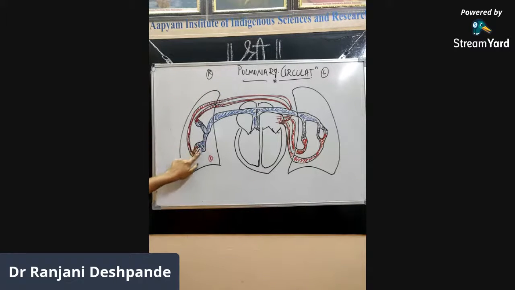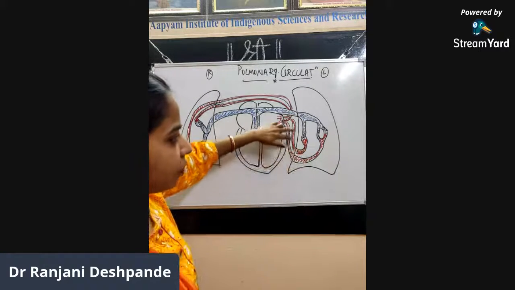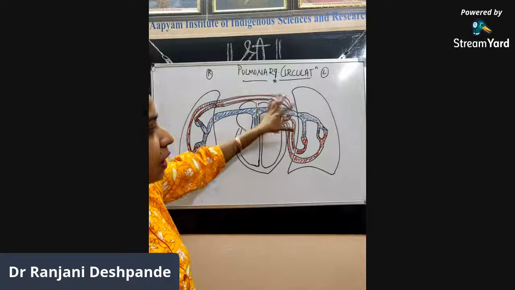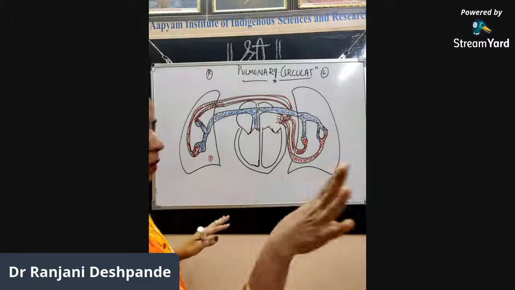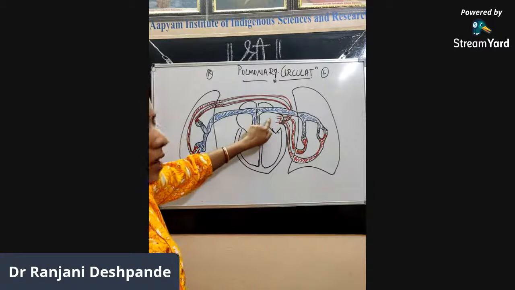Here the gaseous exchange takes place and the venule will carry the oxygenated blood. So we have one and we have two, which finally form the two right pulmonary veins. Same thing happens on the left side also. So the two left pulmonary veins, two from the right and two from the left, join, forming the four pulmonary veins that will drain oxygenated blood into the left atrium.